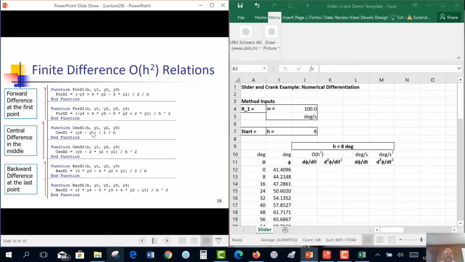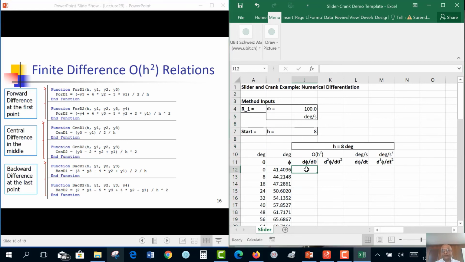Then for remaining rows except the last, we are going to use central difference, first derivative, second derivative. Backward difference, first derivative, second derivative. This would be at the last point. Okay. And then, if we multiply this by omega, we'll get d phi dt. Multiply this by omega square, we'll get d square phi dt square.